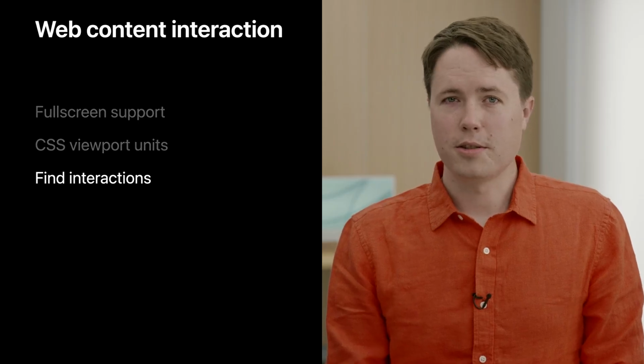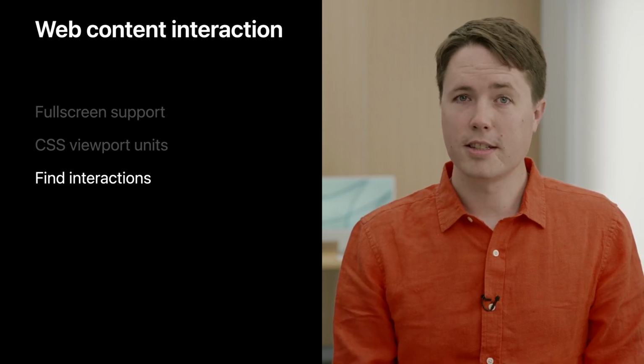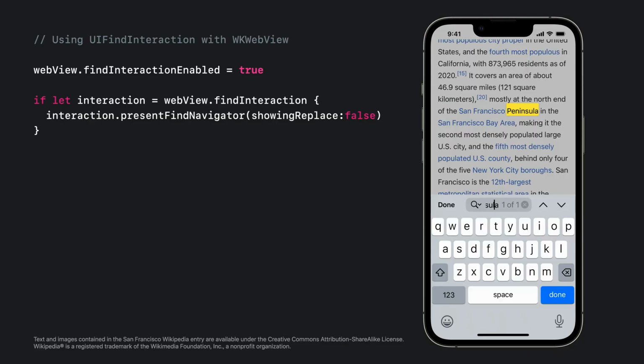We are also introducing support for find interactions in WKWebView in iOS 16. Many WKWebView applications load lots of text, and users want to search this text. If you set WKWebView.isFindInteractionEnabled to true, then your users will be able to use familiar UI and shortcuts like Command F to search the text on the open page.